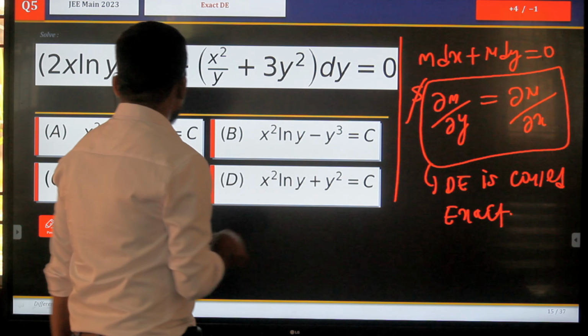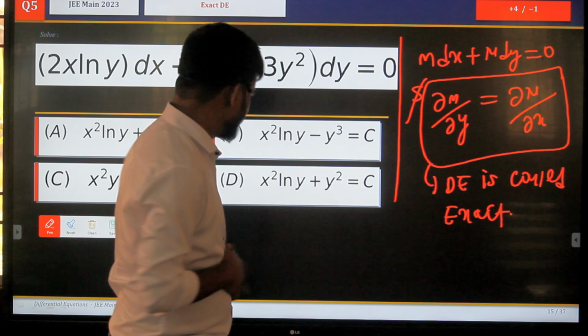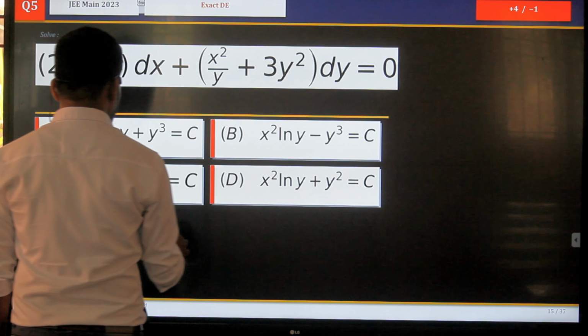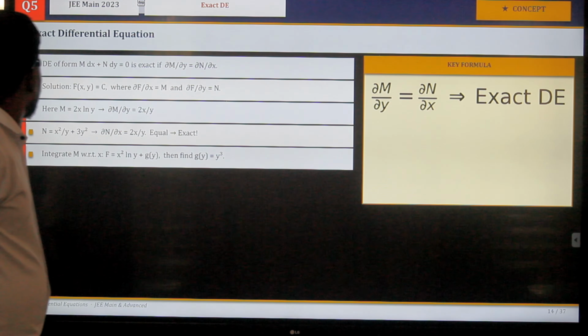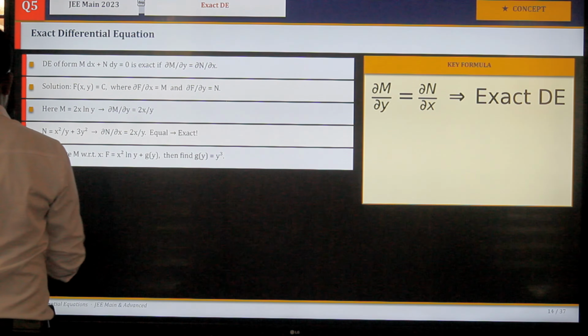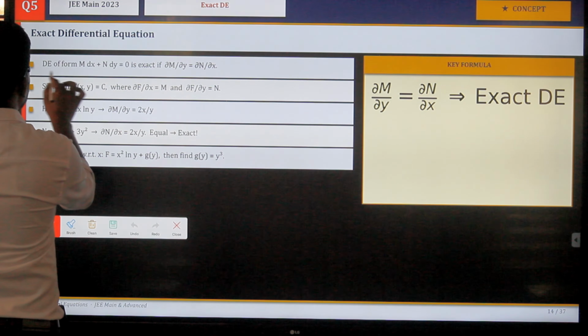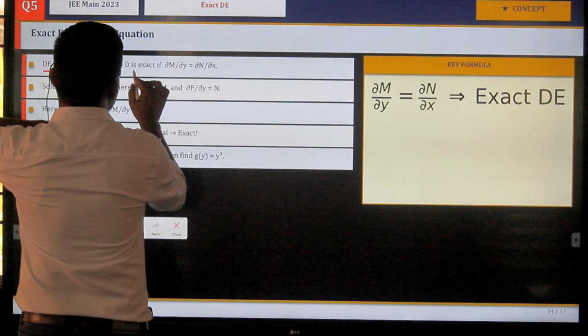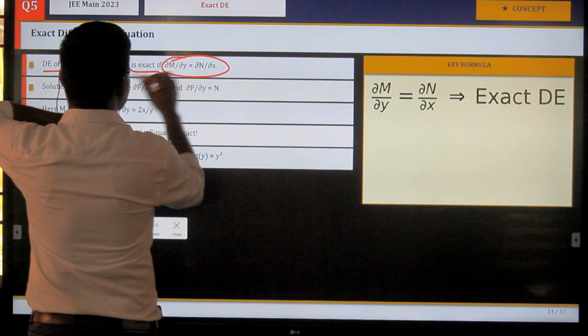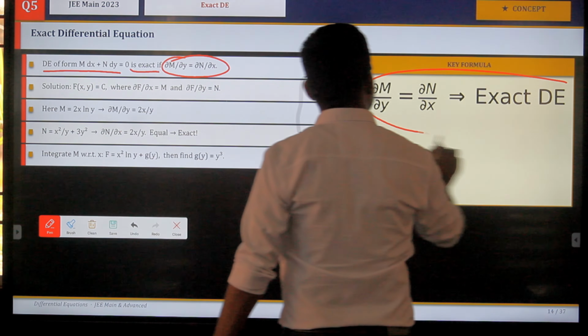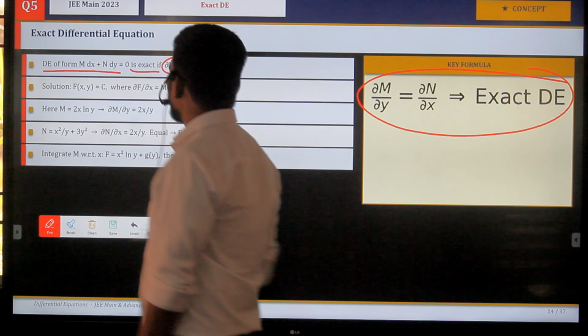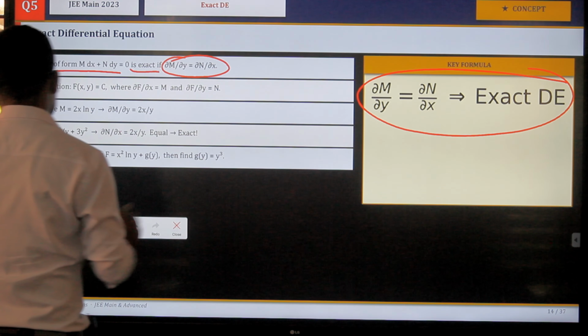So the theory is, what we need to observe is whether the differential equation is exact or not. If exact, I will explain how to solve.